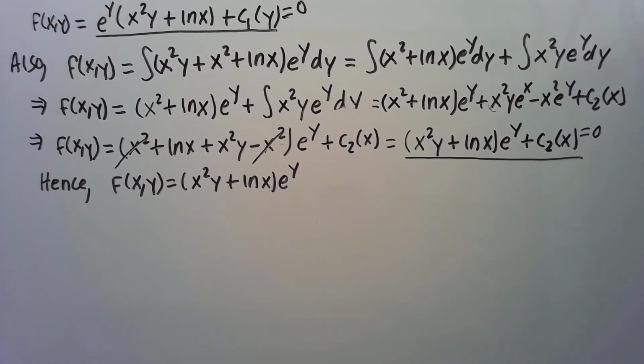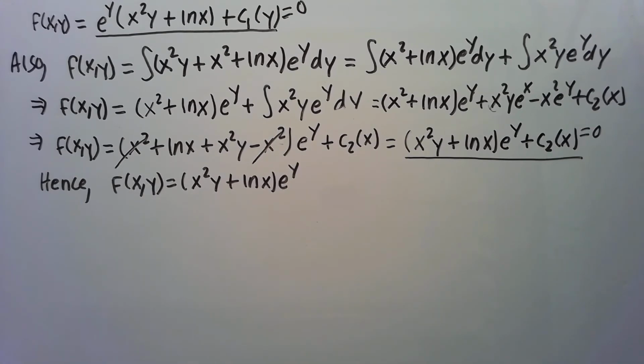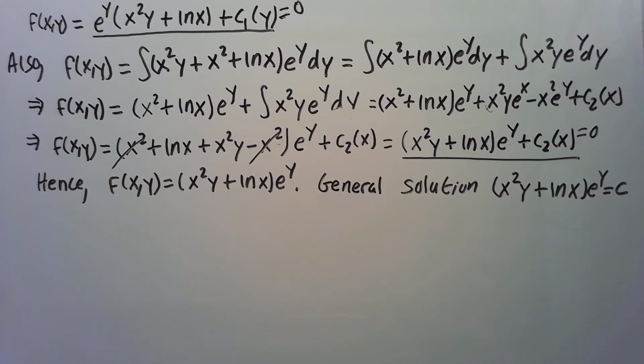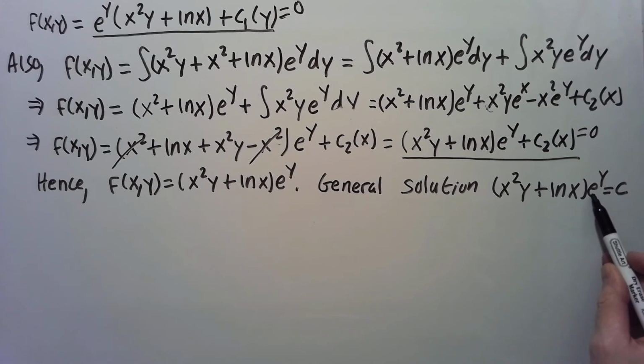The general solution will be obtained by just replacing the f with the constant here. So let me write the general solution. Our general solution is just x squared y plus ln x times e to the y equals some c. So this is our general solution. And now we have the initial value problem that y of 1 equals 0. So let's recall that.